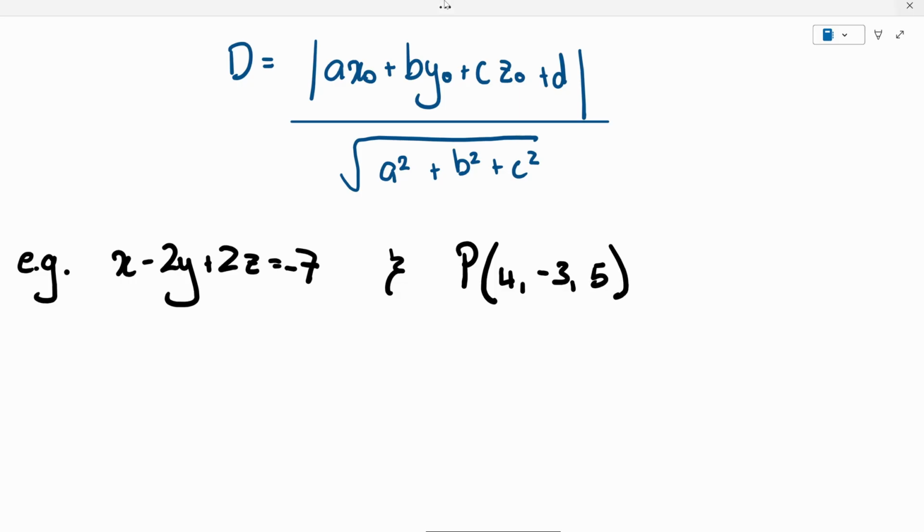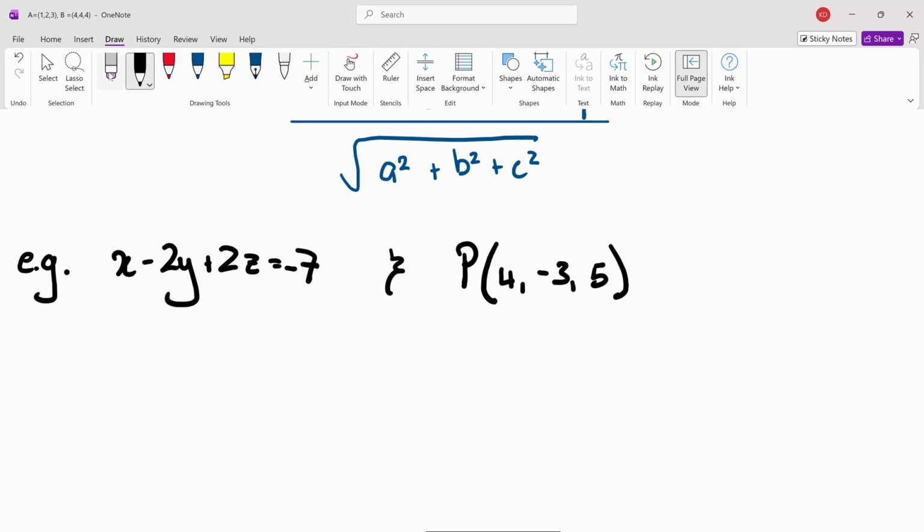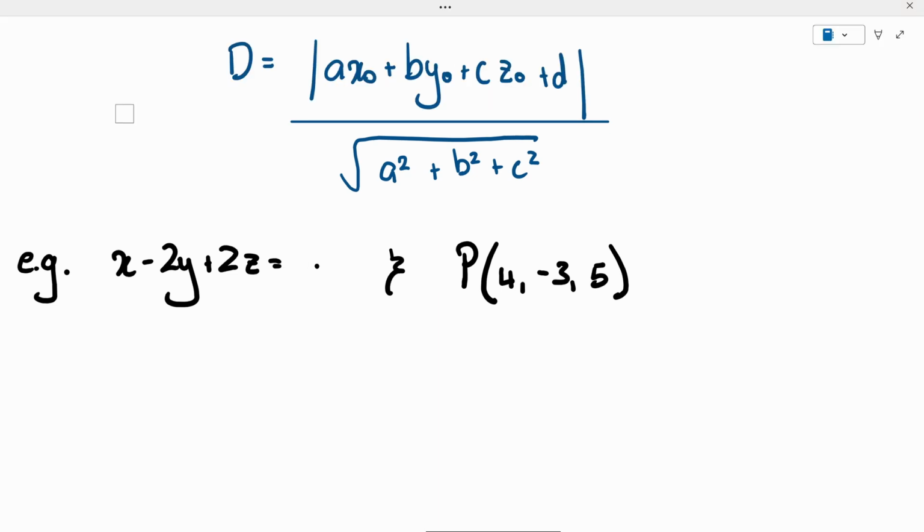Right, take a second, try this example. Just substitute into the formula and see what you get.